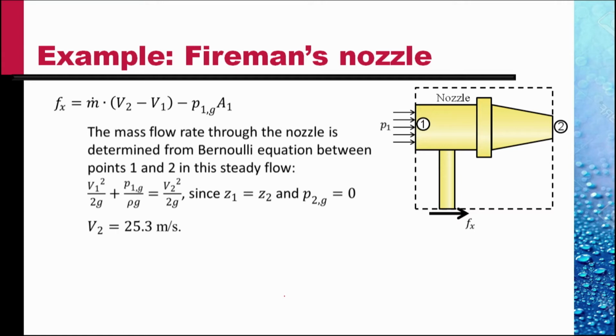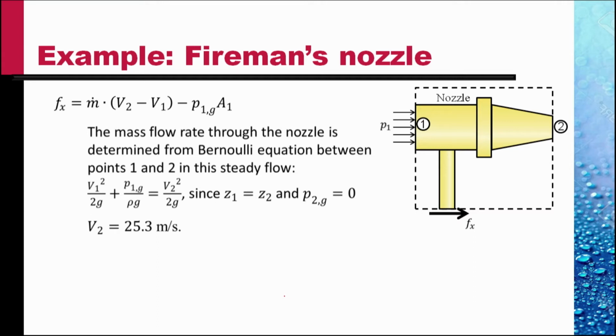Using the value of P1g, which was given as 300 kilopascal, given the value of rho for water, and given the area ratio 1:4, the diameter at 1 is twice the diameter at 2, so V1 is 1/4 of V2.